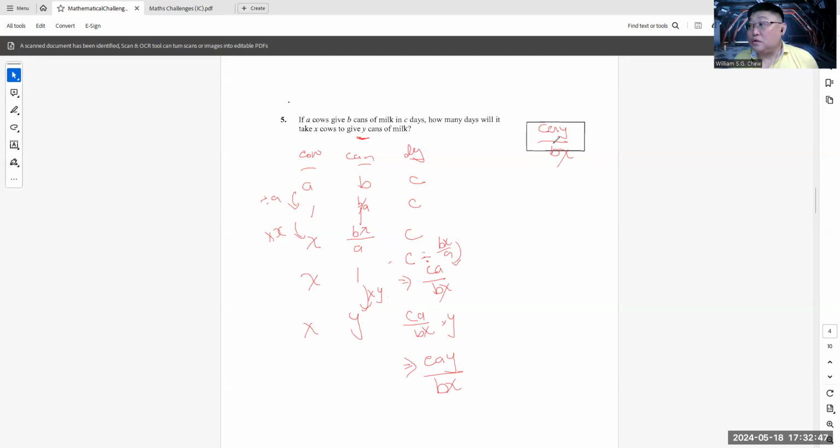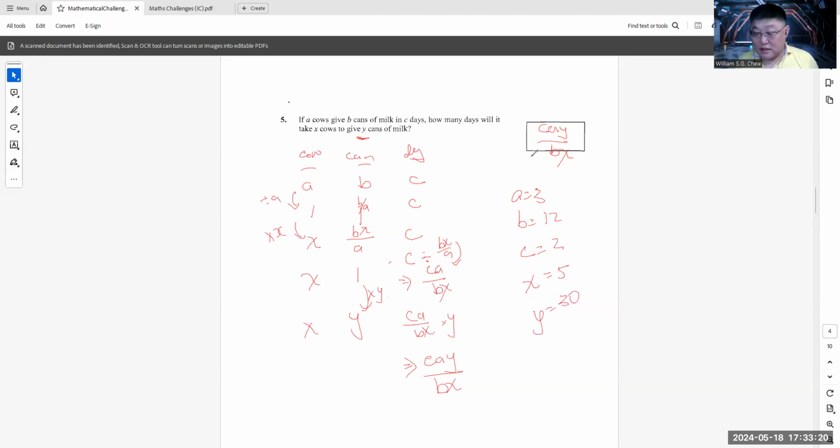Now, if you want to double check what you did is correct, look at question 2 and substitute. Take A equal to 3, B equal to 12, C equal to 2, X equal to 5, and Y equal to 30.